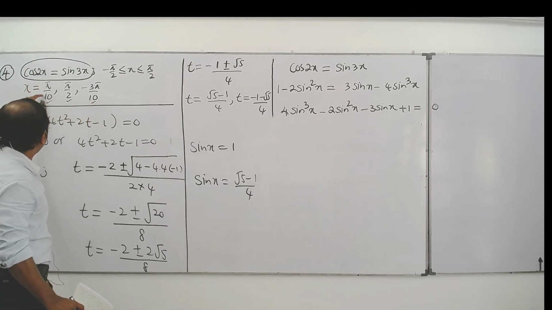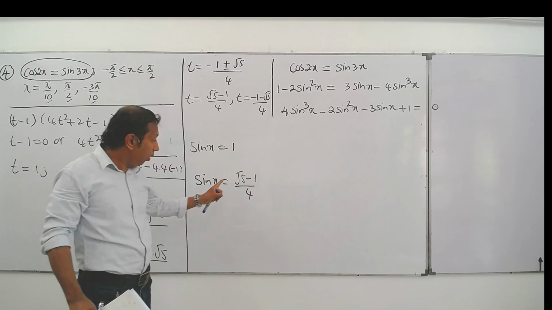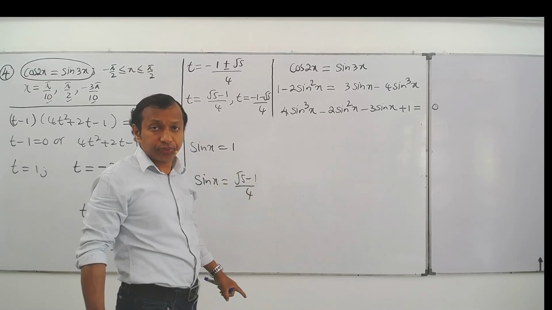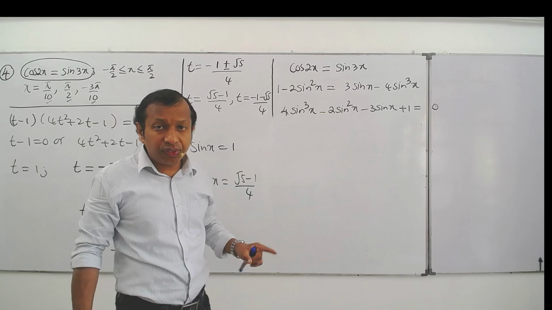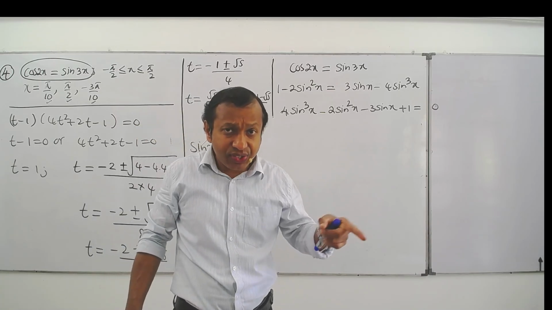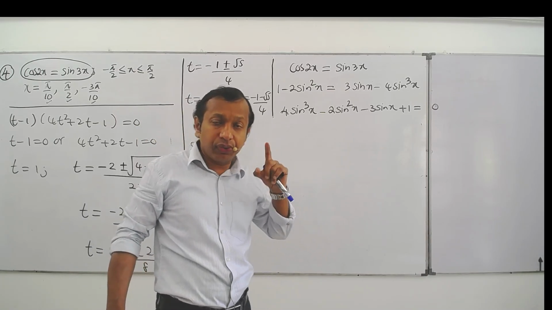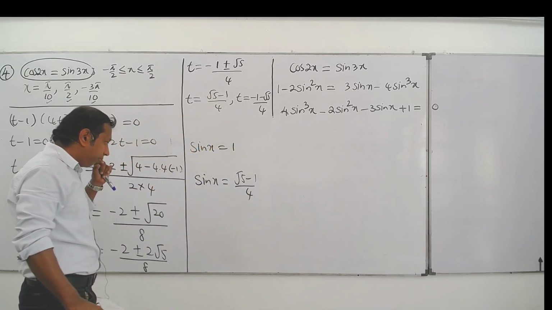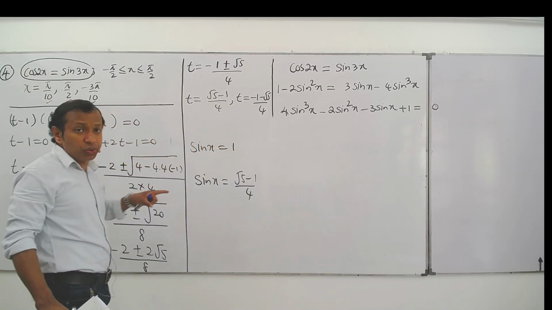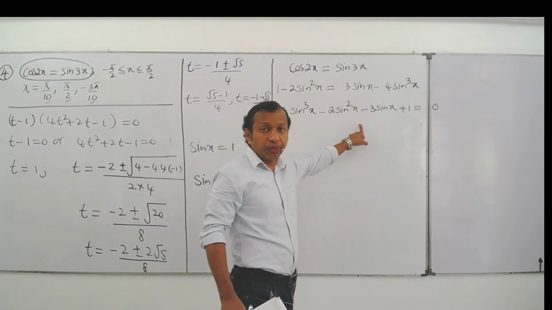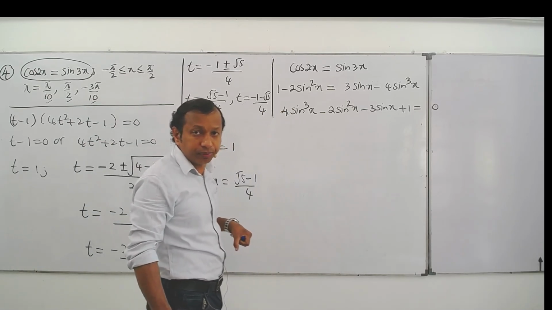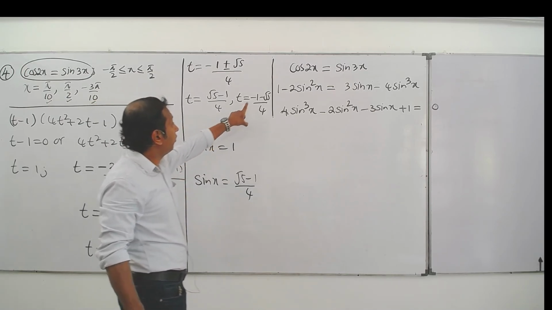It should be this pi by 10. Because why? This is a positive value. Pi by 10 is sin 18. It is in the first quadrant. Therefore, it should be positive. So, therefore, the next solution of this is what? Sin pi by 10.